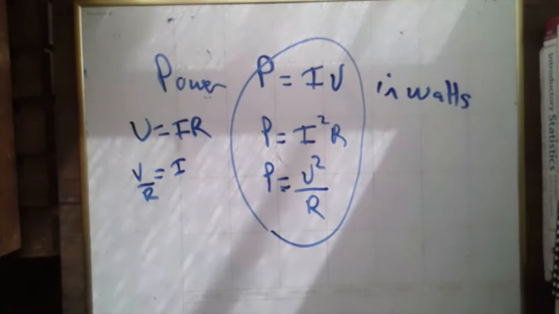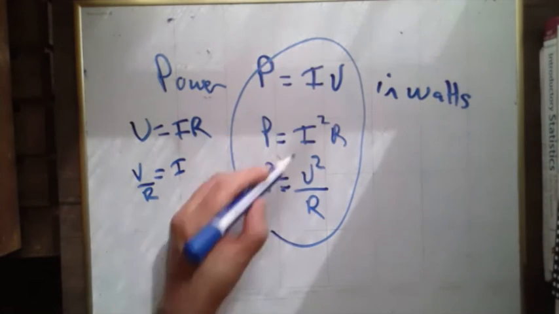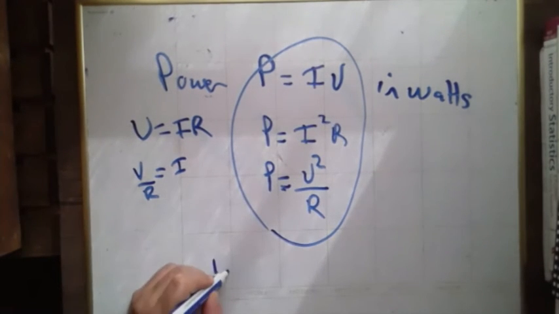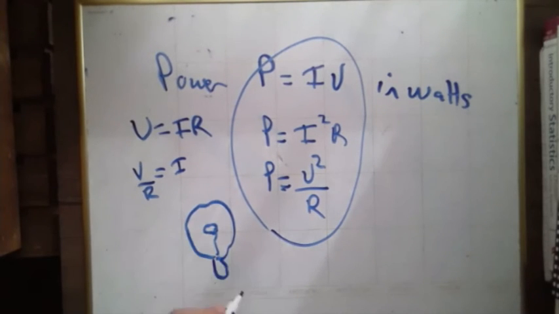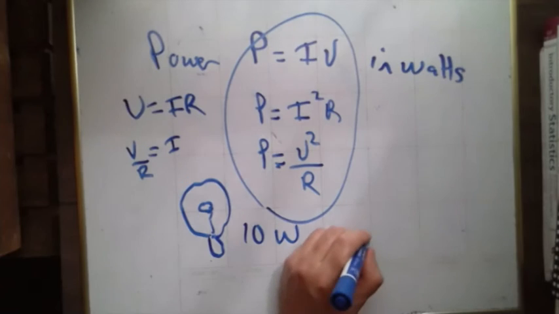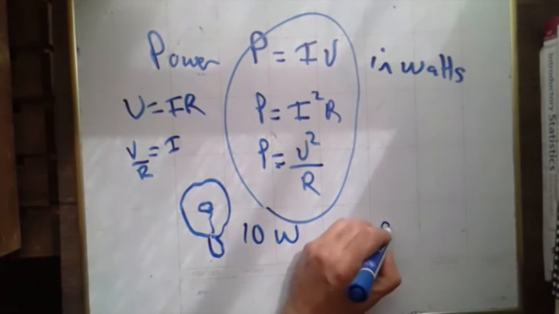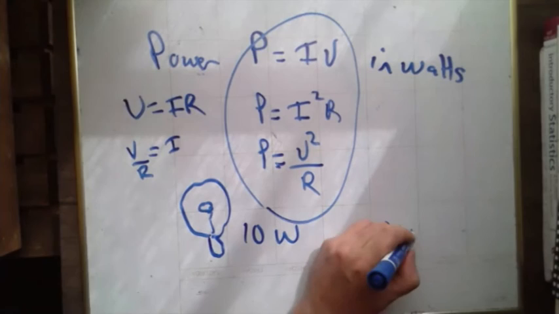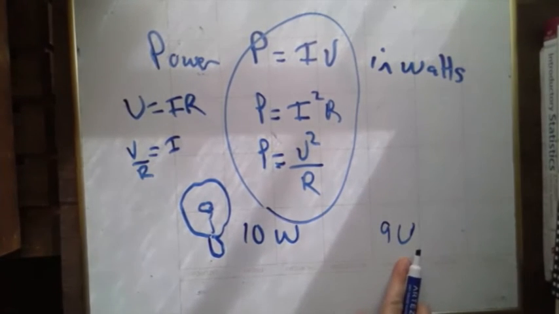You look at a light bulb and it says it's a 10-watt bulb. So say I have a light bulb here. If that's 10 watts, and I put it on a 9-volt battery, this is how much voltage is available to me.